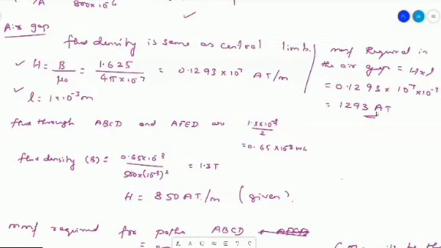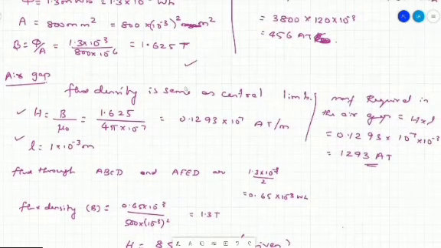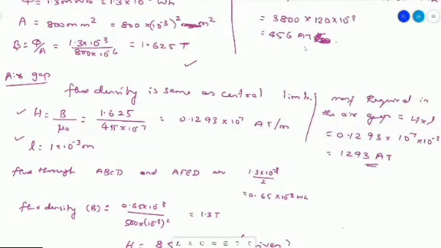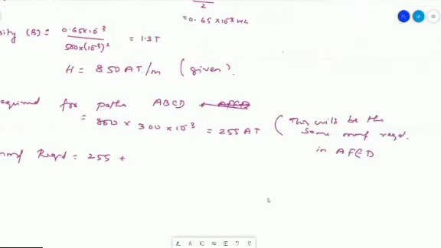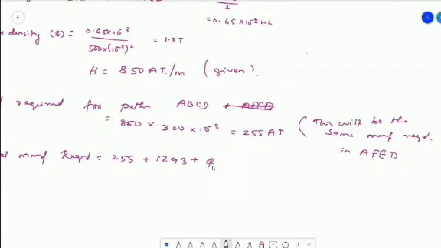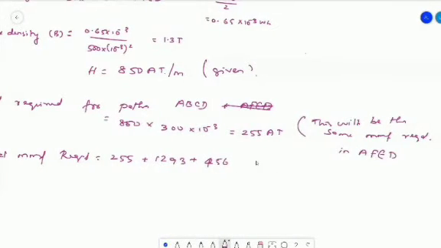Air gap we have found to be 1293, and then for the middle limb we have found to be 456 ampere turns. So all this we can put together. This is 1293 plus 456.